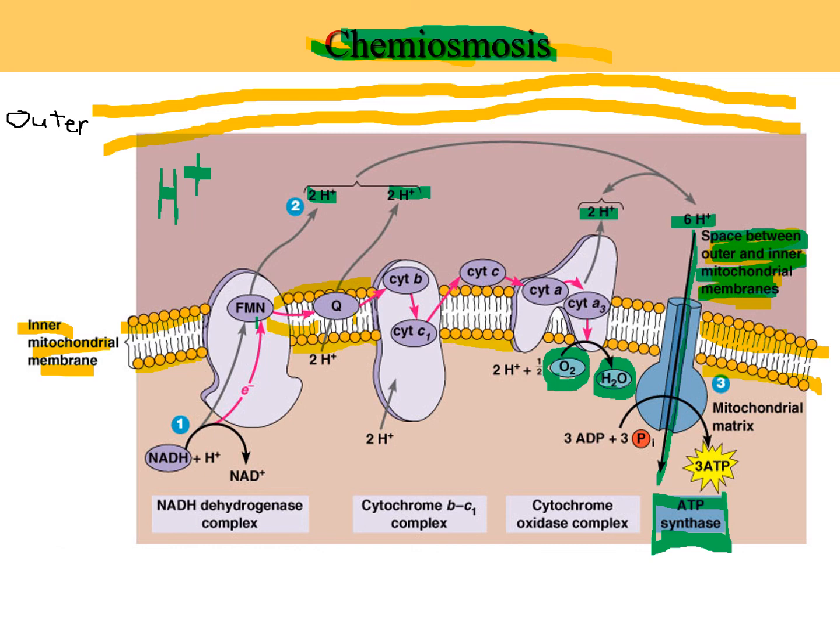It catalyzes the synthesis of ATP. And that's chemiosmosis, the movement of hydrogen ions from the space between the membranes, down through the ATP synthase, and ATP is formed. Okay?